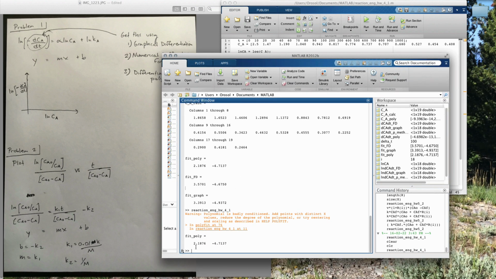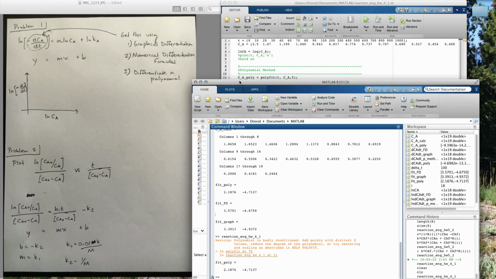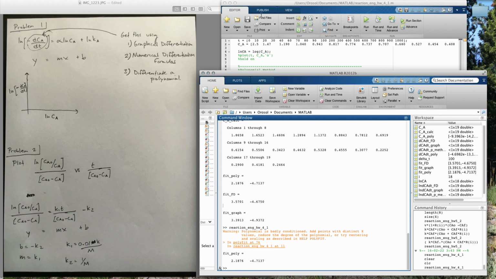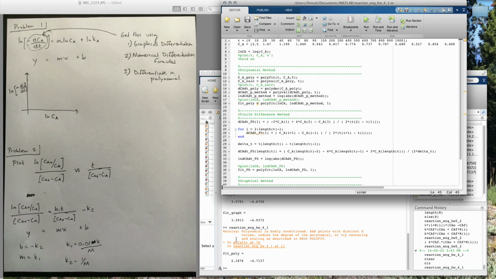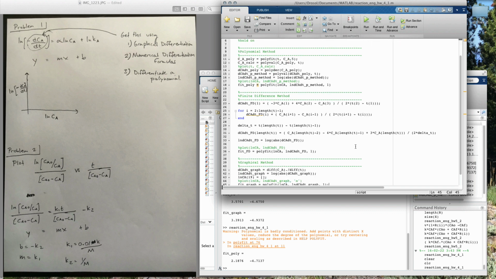But then I get M and B. I got 2.1876x minus 4.7137. So I know that M, or alpha, is 2.19, and the natural log of Ka is this, so then you could calculate Ka from this. But I did the other methods as well because, like I said, I don't think this is a great answer. But that's how you do it. I just wanted to show you so you know how to do it.